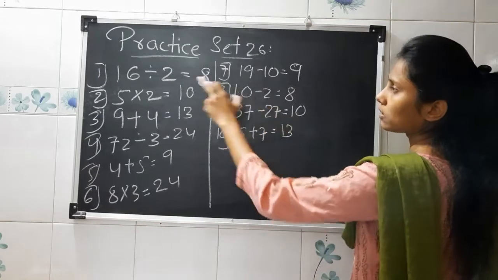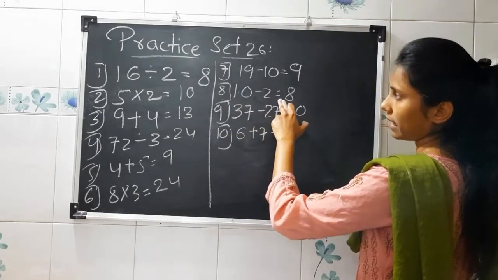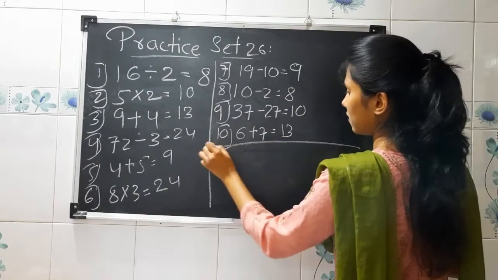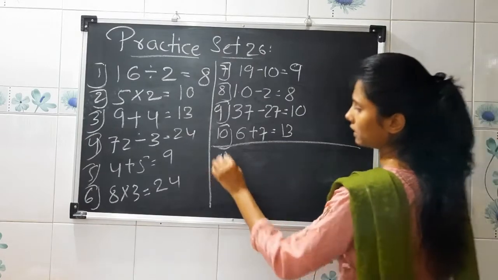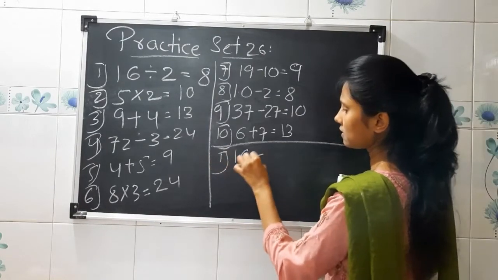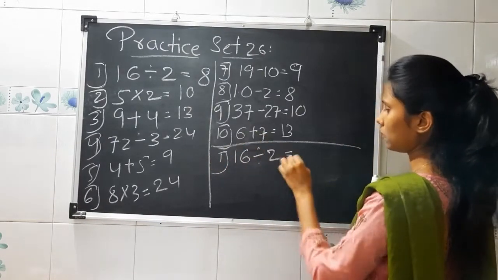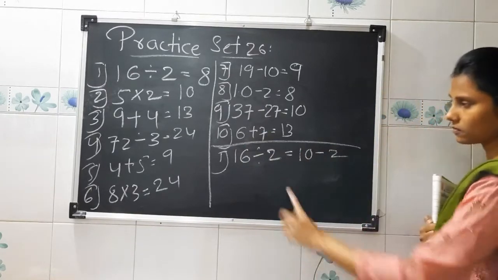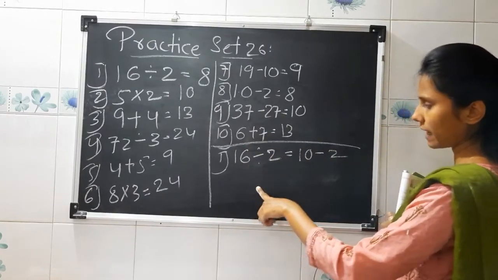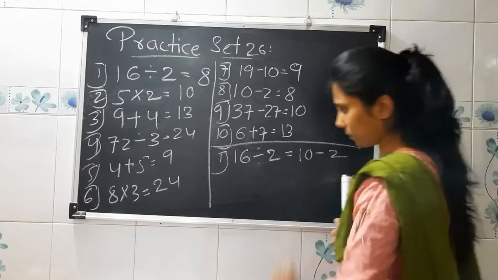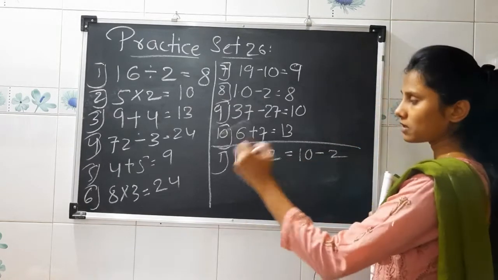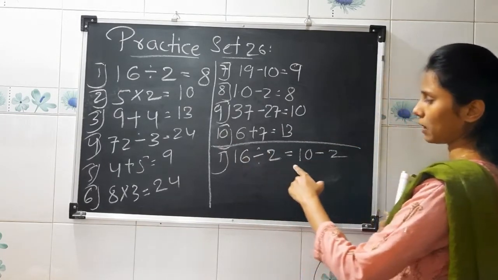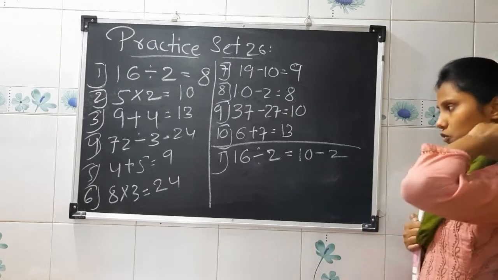See, they both give the same answer 8. So, our equation will be 16 divided by 2 is equal to 10 minus 2. 16 divided by 2 is 8, 10 minus 2 is also 8.